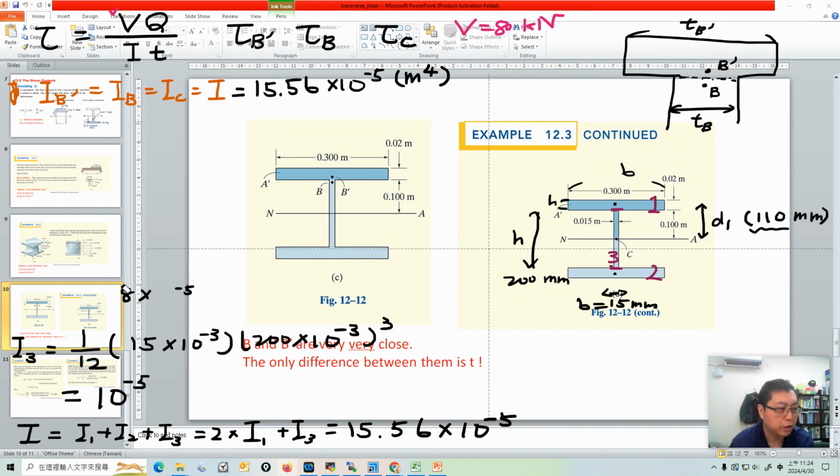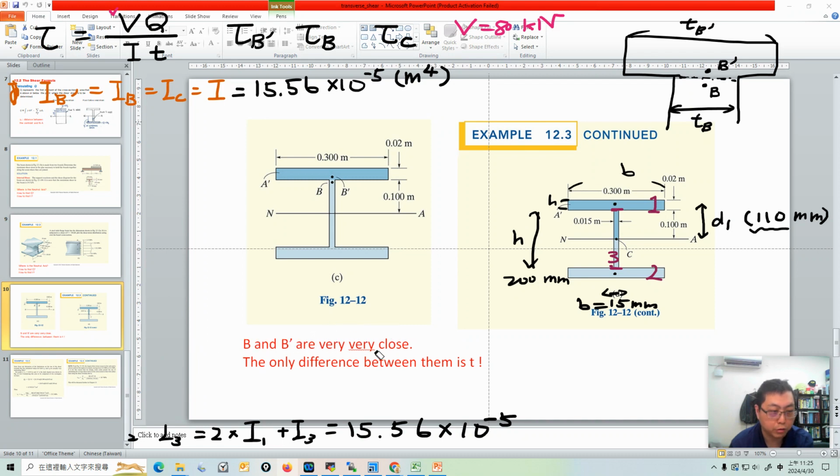Okay, first of all, let's calculate the QB prime and QC. In this problem, QB prime is equal to QC. A little explanation: we have to calculate so-called QB. Let's calculate QB prime first.